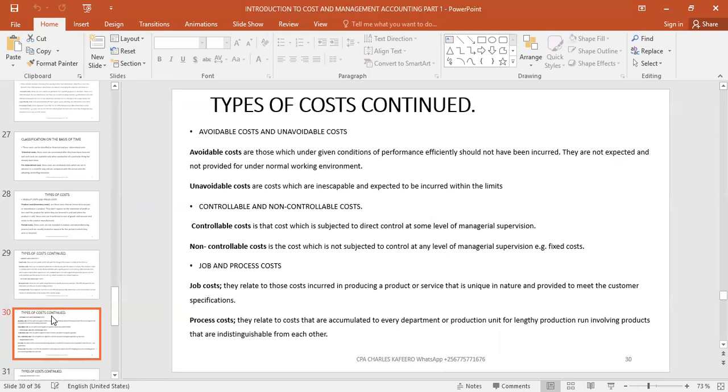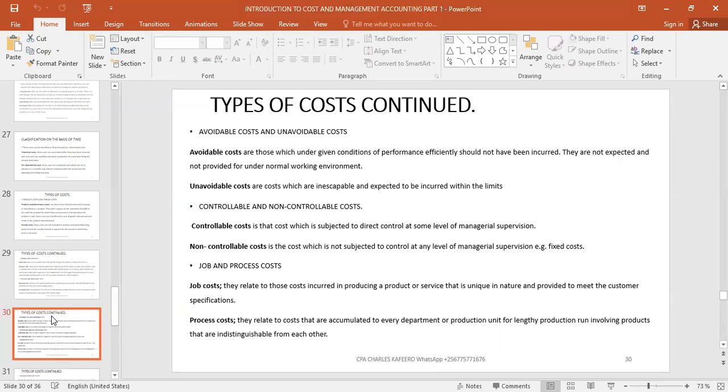But with the process cost, we are dealing with only one item, and that item goes through a series of different stages before it becomes a final product, whereby the output of a certain process becomes the input of the other process until it comes out as a finished commodity.